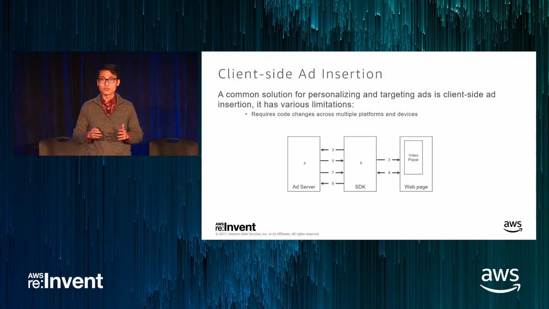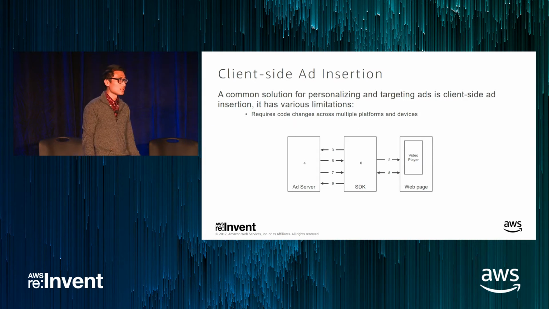You have different Android ExoPlayer versions. You have different iOS native player versions. You have HTML5 players on various browsers. You have Chromecast, Roku, Apple TV, a whole fragmentation ecosystem of devices. For example, I've worked with a video provider today that has over 600 different devices that they need to target just for a simple streaming service.